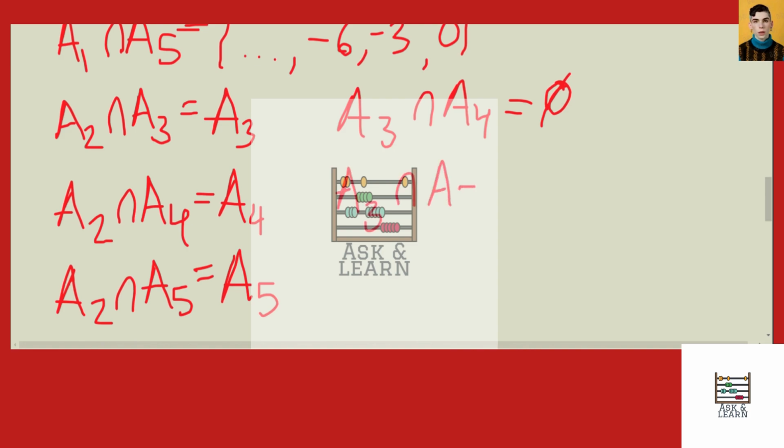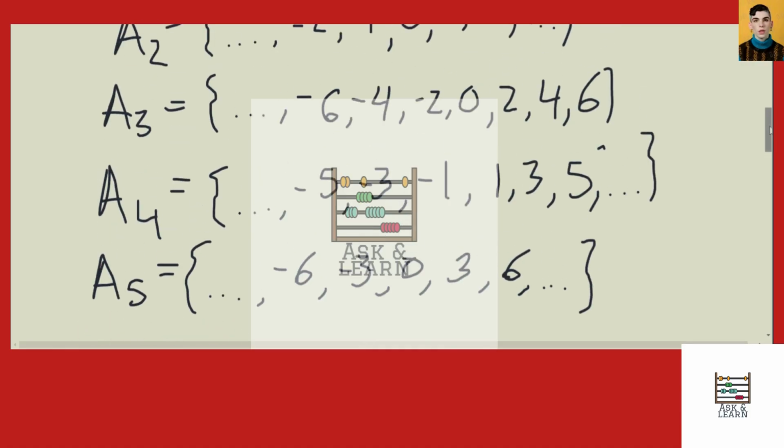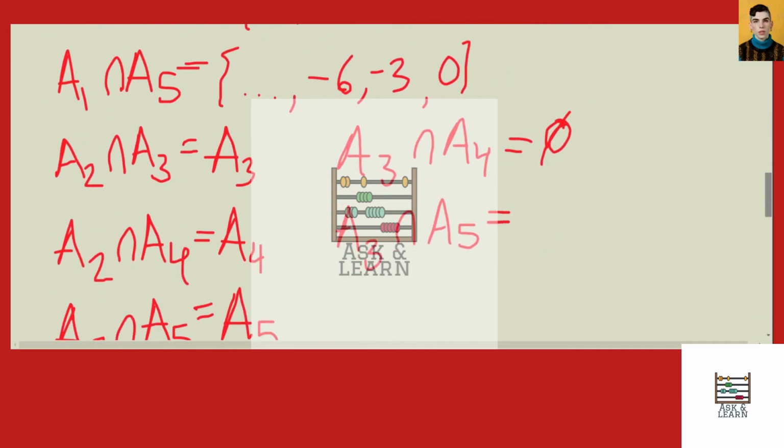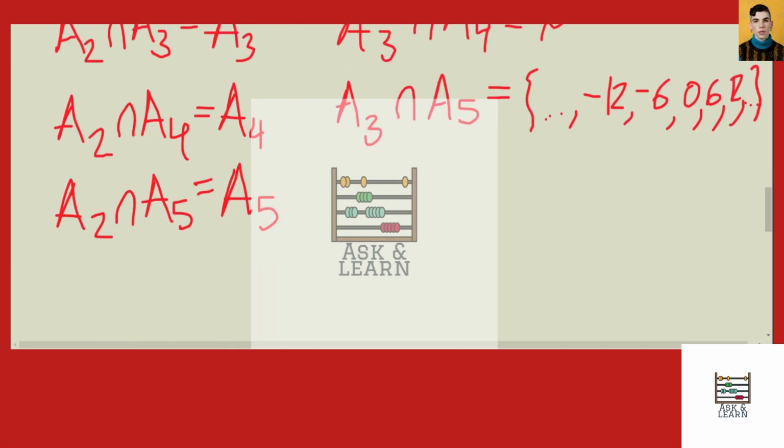A3 intersect A5 is the even integers intersected with the integers mod 3. And this is going to be the integers mod 6. So this is going to be ..., -12, -6, 0, 6, 12, and so on. And A4 intersect A5.